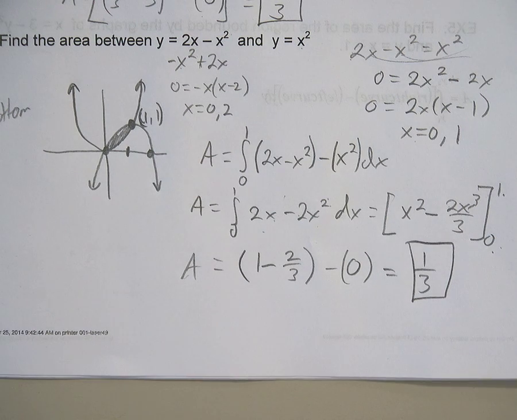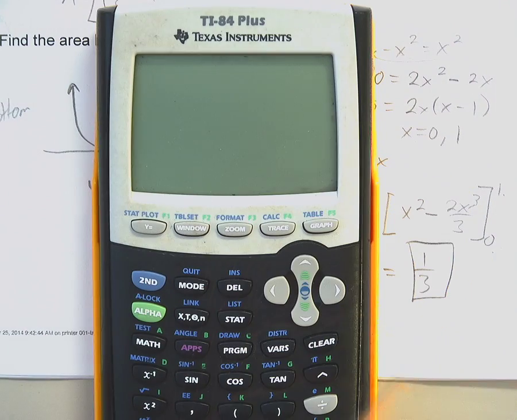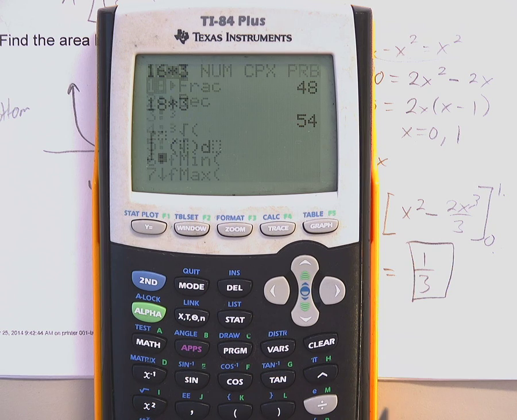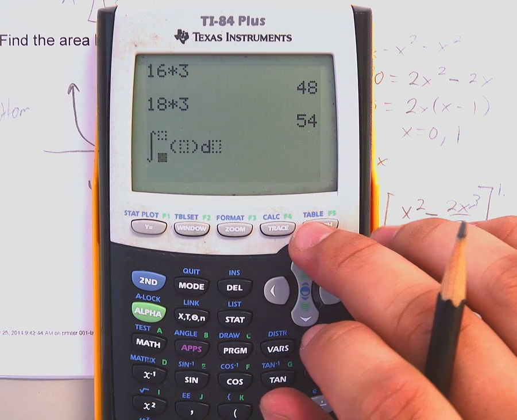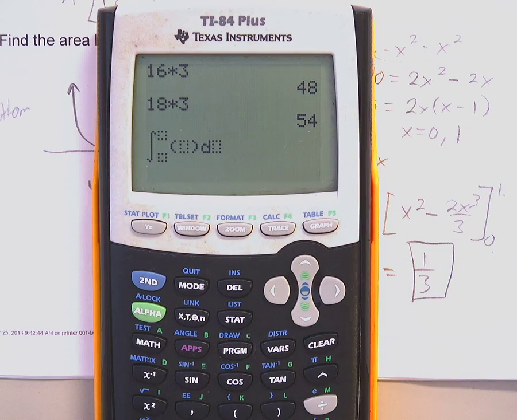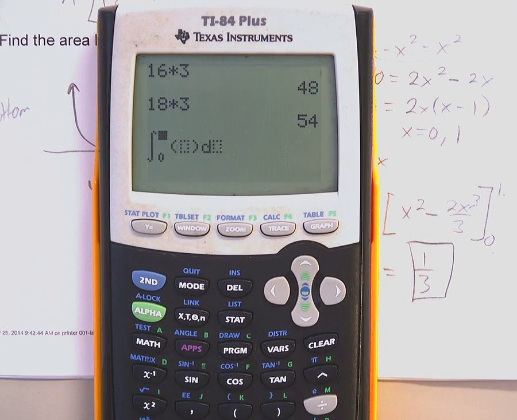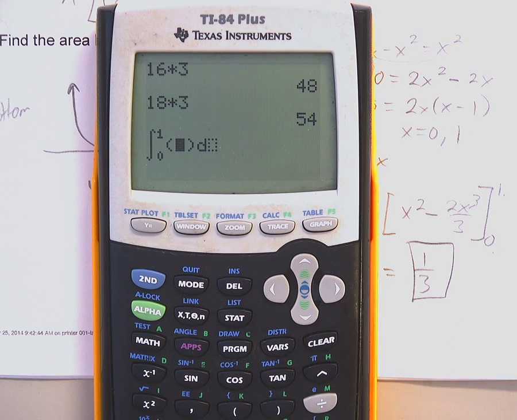Now, you can do this on a calculator. On your calculator, just really quickly so you can make note of the steps. Please write these steps down, but you just hit math number 9. And it'll pop up with either the integral sign or it'll say fnInt, and you just have to enter it in with all the commas. But we're going 0 to 1. I'm going to try and update everybody's calculators so you'll have the newest and greatest and best.